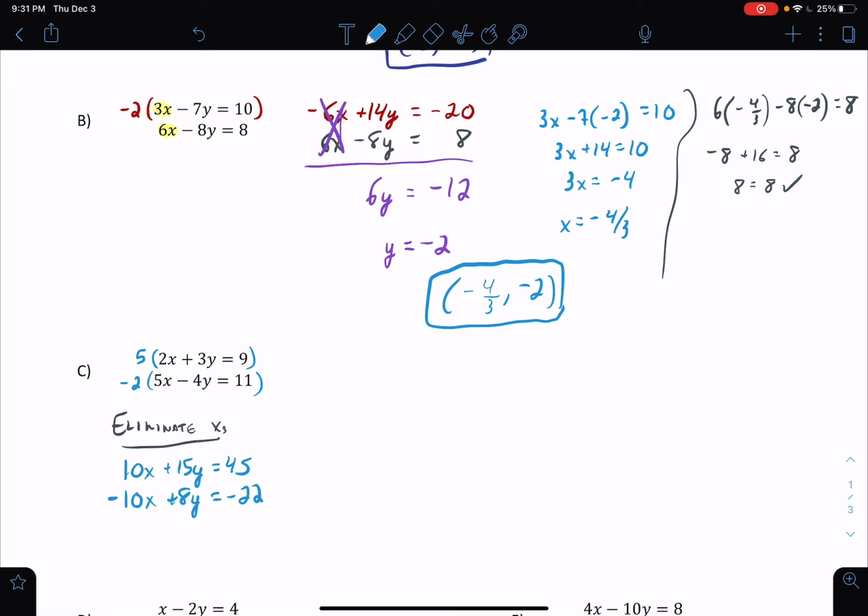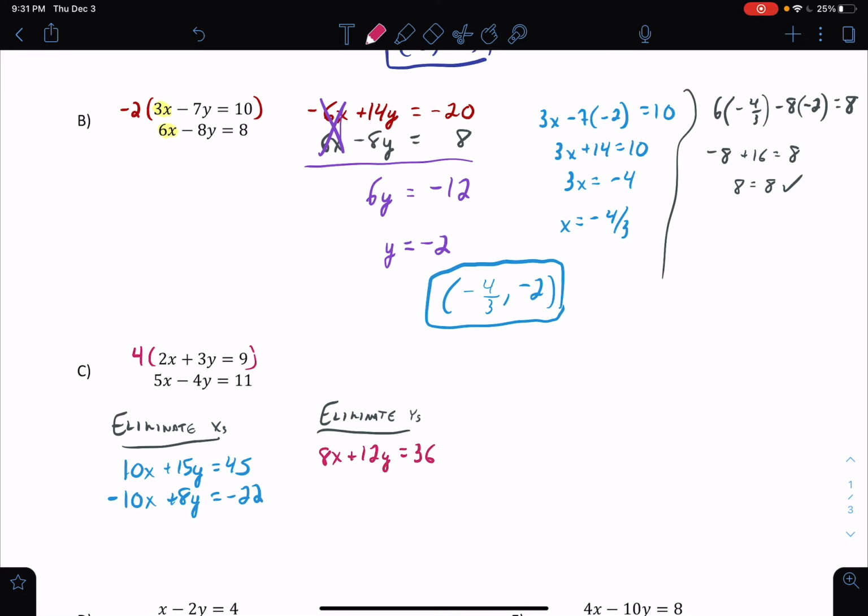All right, what if you wanted to eliminate the y's? So let me get rid of this stuff. Well, our y's currently are 3y and negative 4y. So what number do 3 and 4 both go into? They both go into 12. So I could multiply the top equation by 4, because that's going to become 8x plus 12y equals 36.